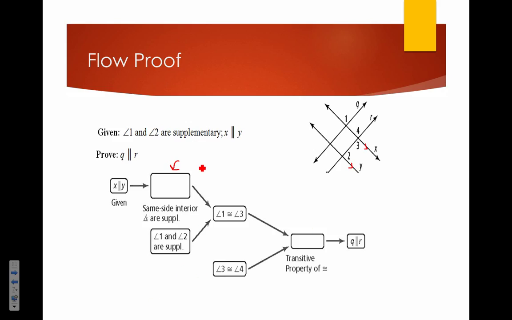From there, I'm saying that same side interior angles are supplementary. The only same sides we have are angle 2 and angle 3. So that would go in here. Actually, not even measures, we could just say that angle 2 and angle 3 are supplementary.